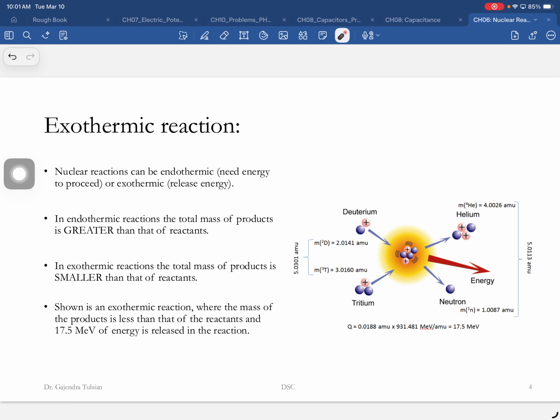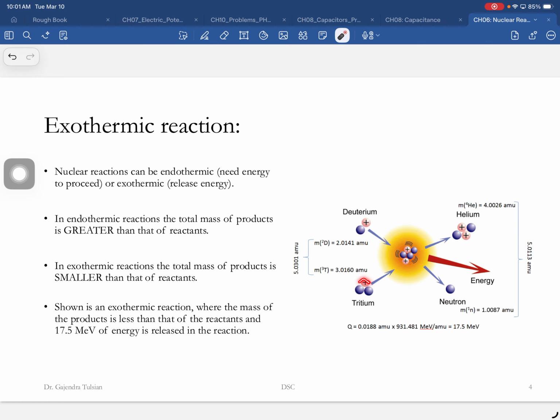So here's a fusion reaction. This is what happens in the core of the sun, for instance, and we'd like to do this on Earth as well. Here's deuterium, which is a proton plus a neutron, so this is a heavy hydrogen.